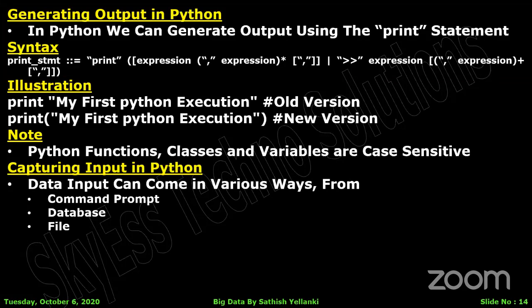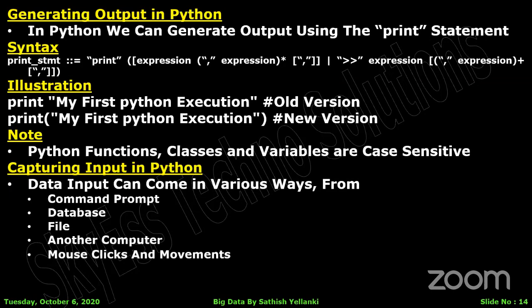You can even get your inputs from another computer directly, means through networking. You can have inputs directly taken from the mouse clicks and movements also. Because whenever I'm moving my mouse or I'm clicking my mouse, from there also you can always get your inputs directly. You can take your inputs from the internet, means browser integrated environments.